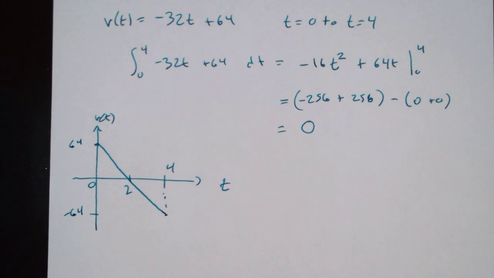And now my 0 makes perfect sense because the areas of these two triangles cancel each other out perfectly. Each triangle has a height of 64 and a base of 2. And that means the area is the same in both of them, but one is positive and one is negative, so the total area must be 0.